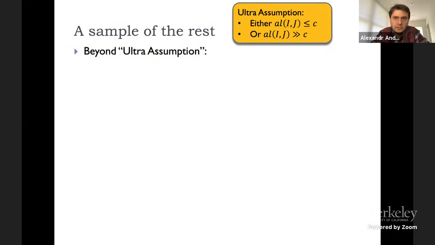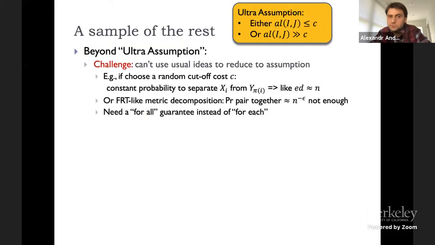Going beyond this ultrametric assumption is hard, just because we can't really reduce to it. For the experts in the metric decomposition literature, if you've heard of things like FRT decomposition or padded decompositions, it's one of the standard things to apply in this kind of scenario.